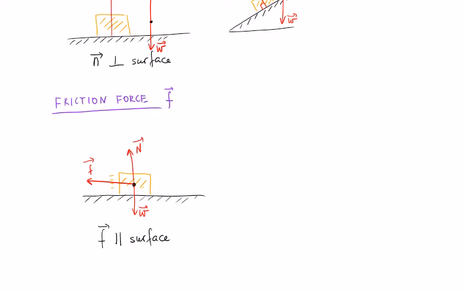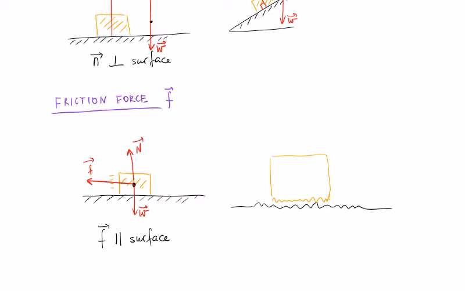How does it work? It pretty much depends on how the object and the surface are interacting with each other. If you look at the surface microscopically, it is not very smooth. In reality, there are no perfectly smooth surfaces. Ice is the closest you could find, or maybe you could make some materials very smooth. Similarly, the bottom of the box is also not very smooth.